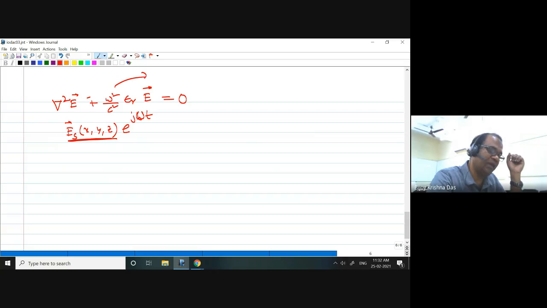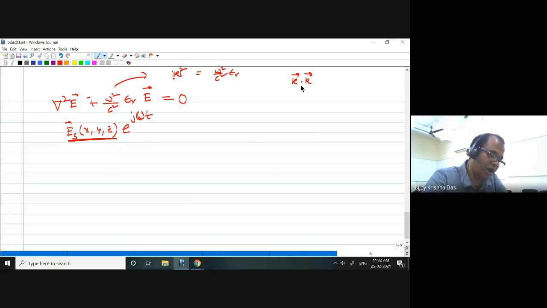Again, I can always write omega square by c square epsilon r as k square. That means k square is k dot k, or beta if it is a wave vector. Epsilon r can also be 1 in free space. So this is the case.